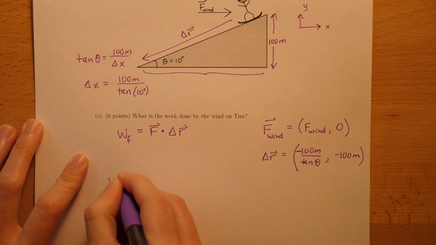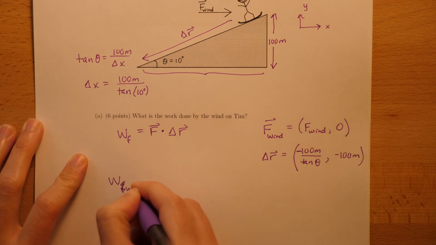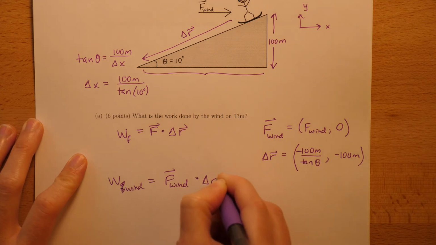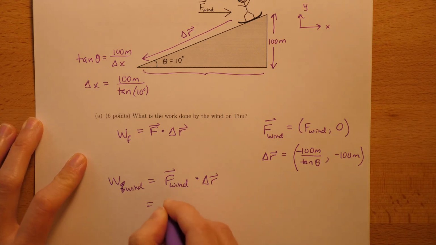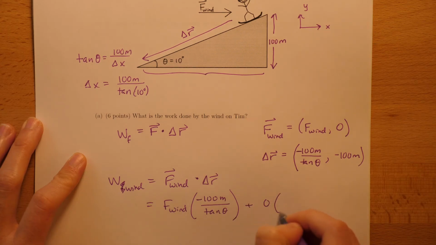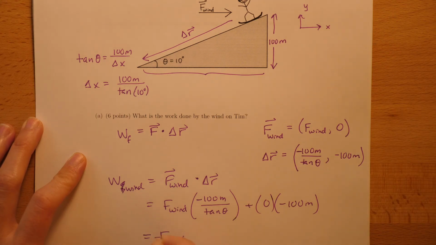So the work done by the wind is F wind dotted with delta R, which is F wind times negative 100 meters over the tangent of theta, and then we would add 0 times minus 100 meters, but that is 0, so we just get force of the wind times negative 100 meters over the tangent of 10 degrees.